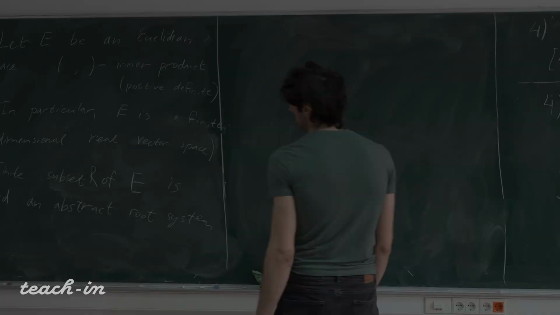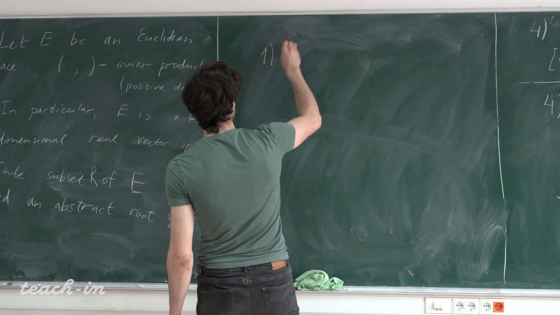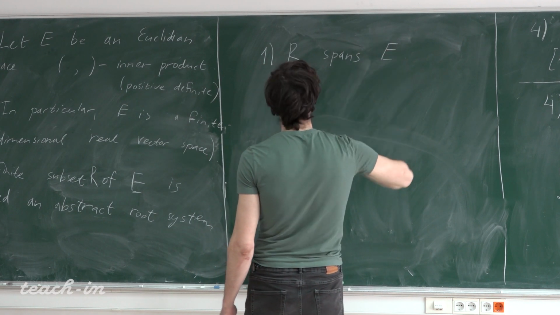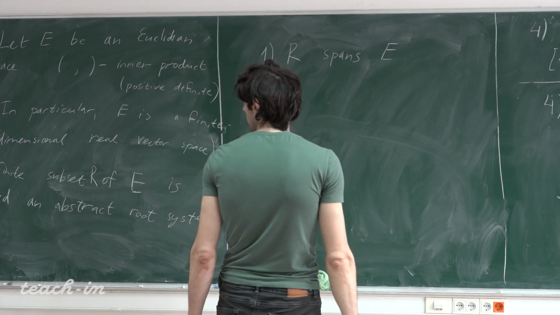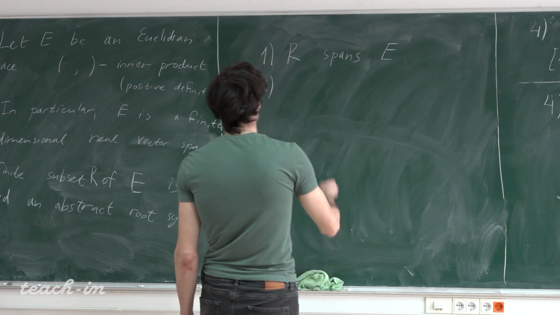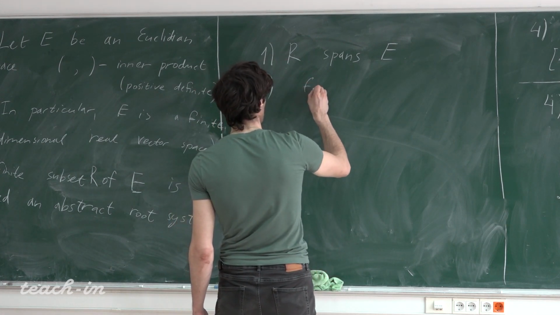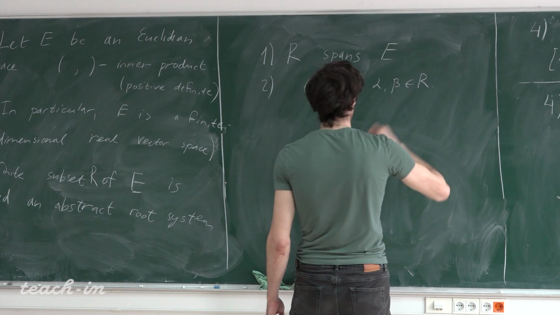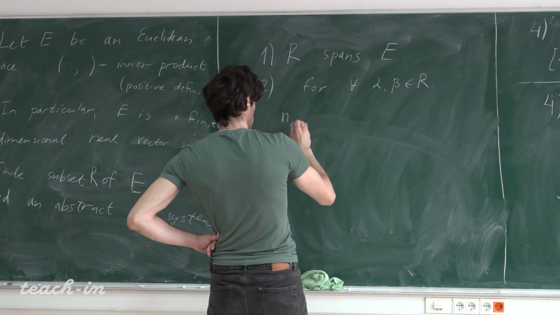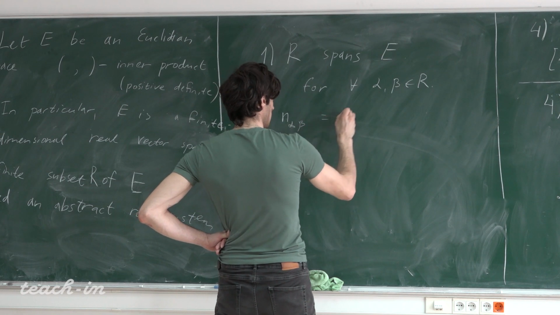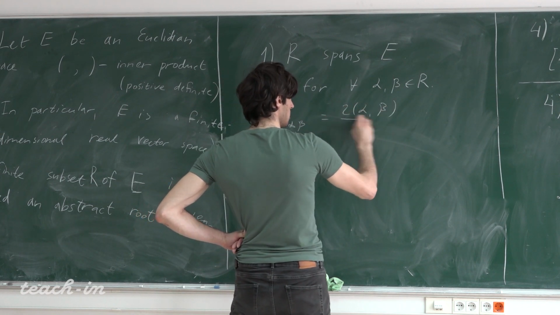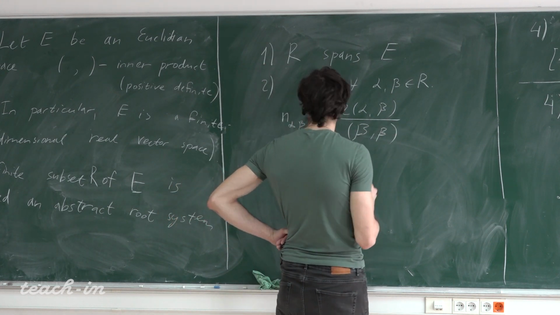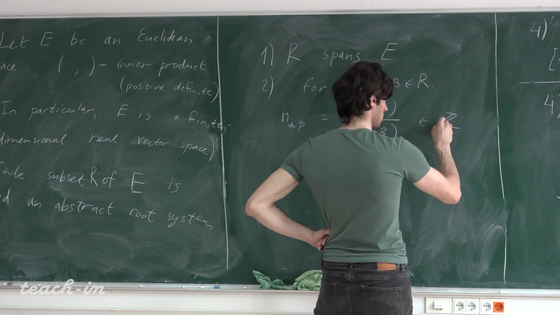So you have, first of all, I would like R to span E. Second, I would like, so for any pair of roots, this number that we already saw, 2 alpha beta divided by beta beta, is an integer.